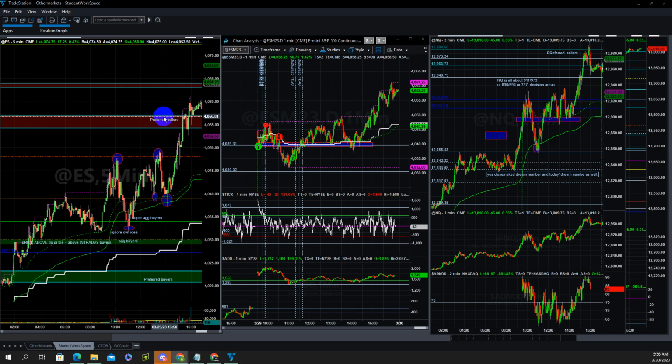That was my actual target, and price should have gone to this area right here in the morning, and then come down like this, then again go back up. A clean run. So this is where the manipulation started.